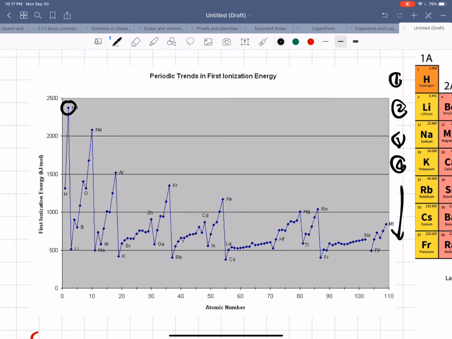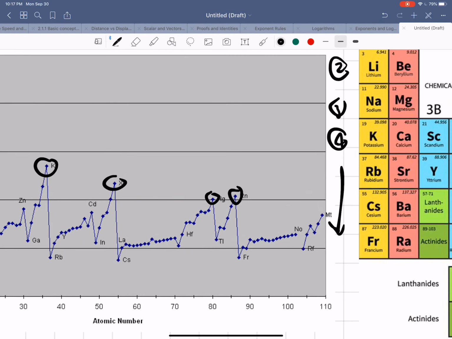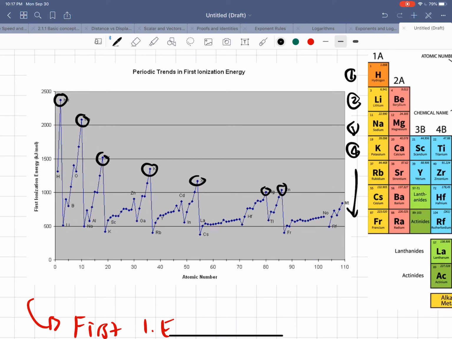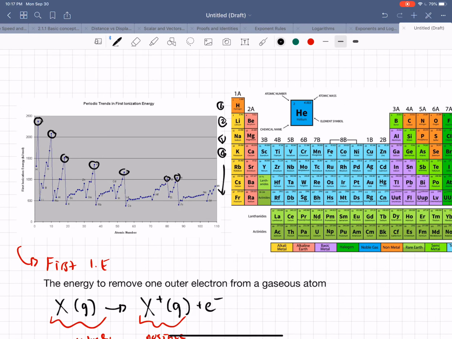Noble gases typically have the highest ionization energies because their outermost valence electrons are very restricted. They're restricted because they are present in a shell where the protons and the positive charge of the nucleus act very greatly upon them.